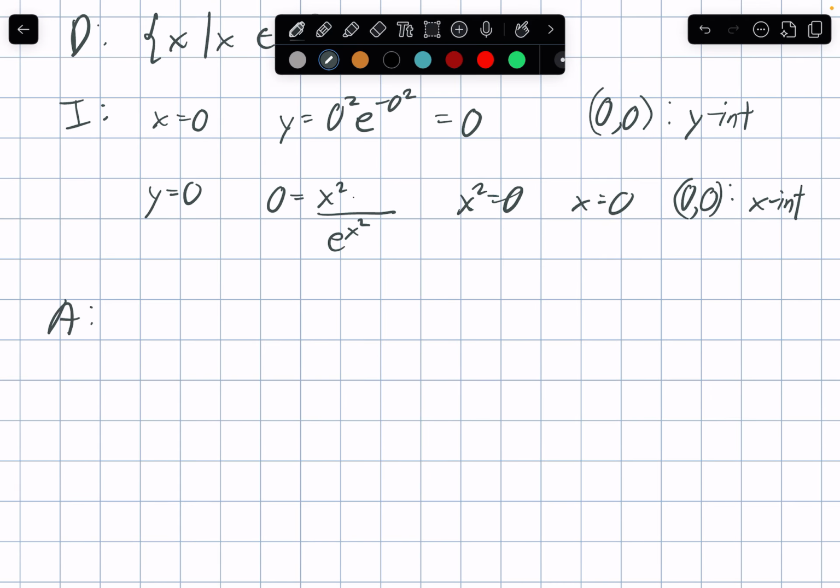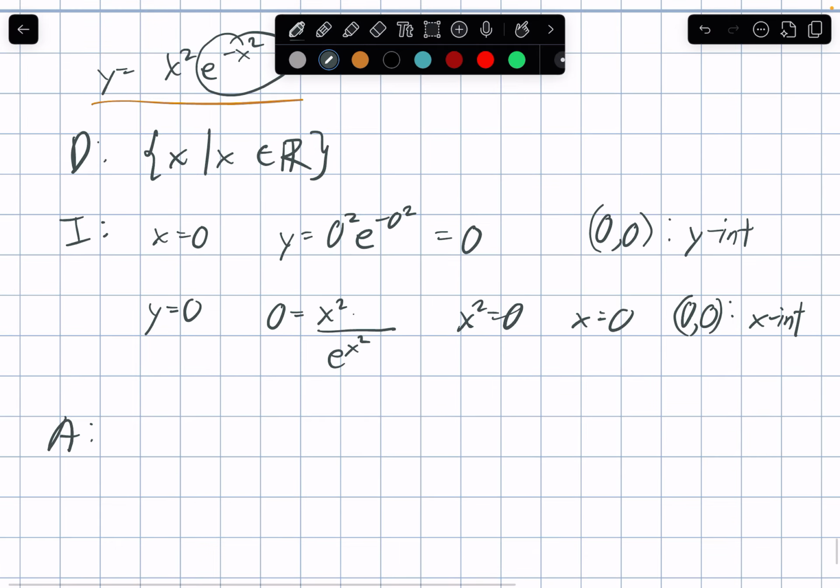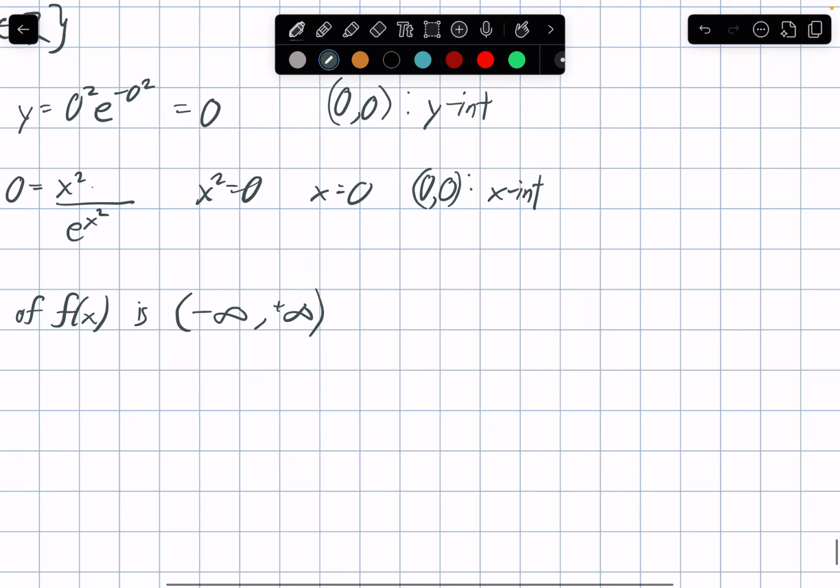Now, asymptote. So since the domain of f of x is the set of all real numbers, let me write that down. Since domain is all real numbers, we don't have a vertical asymptote.